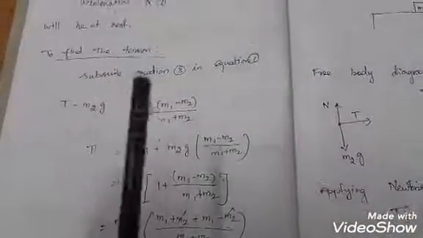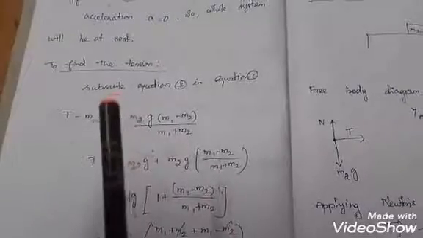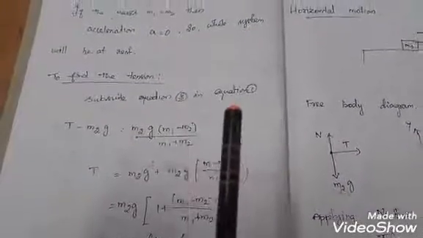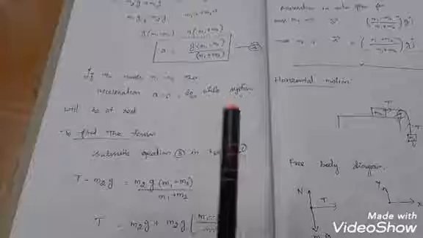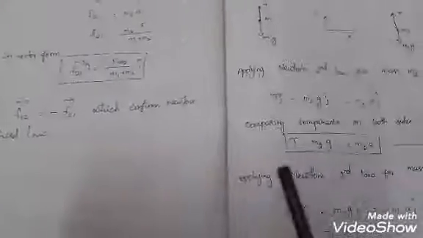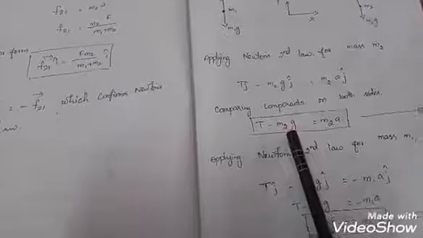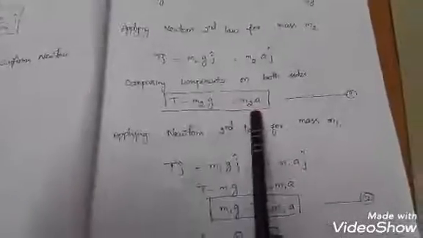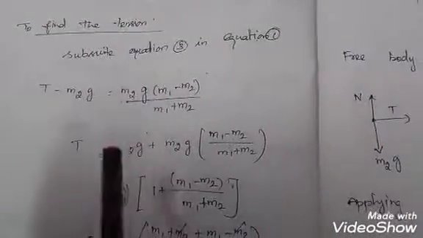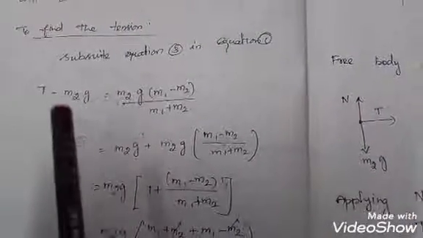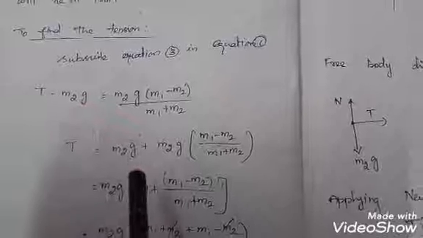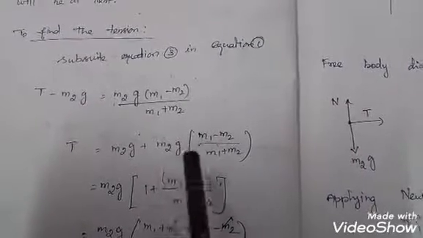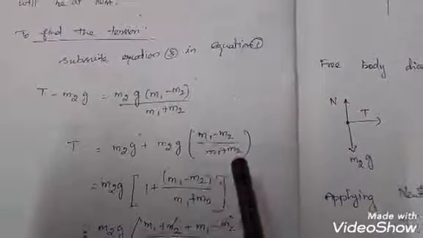Now we are going to find the tension of the system. Substitute equation 3 in equation 1. We substitute the acceleration in equation 1. So T minus m2g equals m2a. Now we substitute the a term, so T equals m2g plus m2g times m1 minus m2 divided by m1 plus m2.